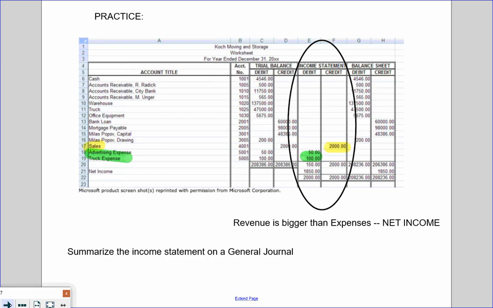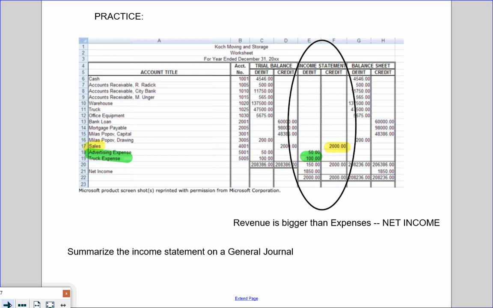So this is what you've got so far. What we're going to focus on today is just the income statement section of this. When you come back from Easter, we're going to focus on the balance sheet portion of it. Okay? So right now, you can see that the revenue column is 2,000. The expenses column is 150.